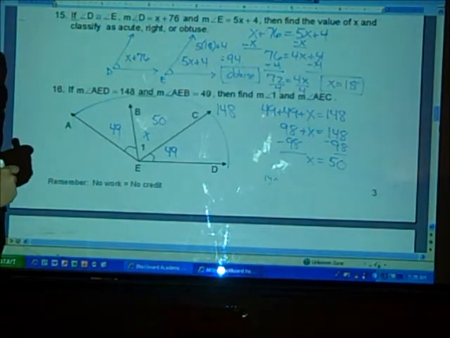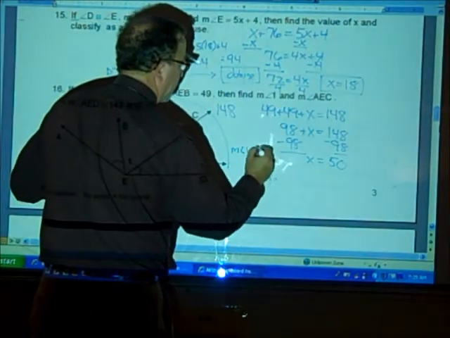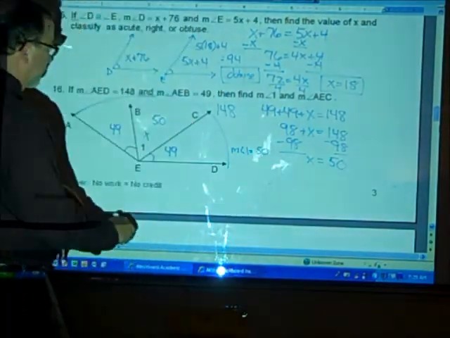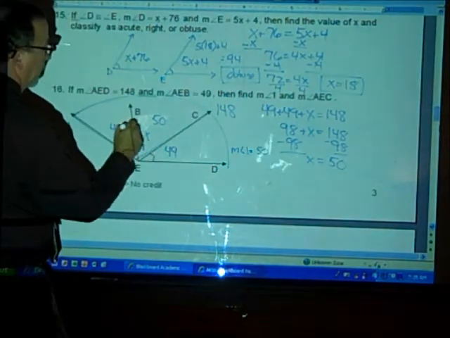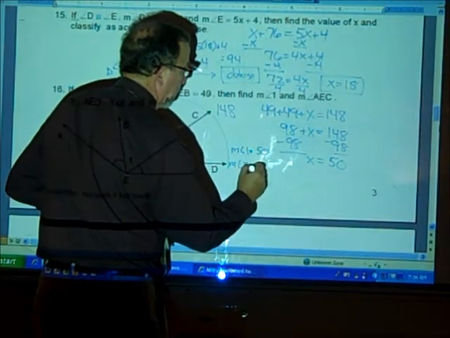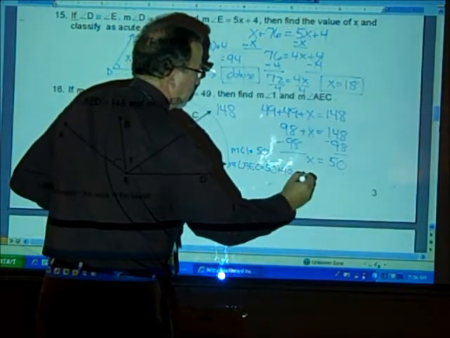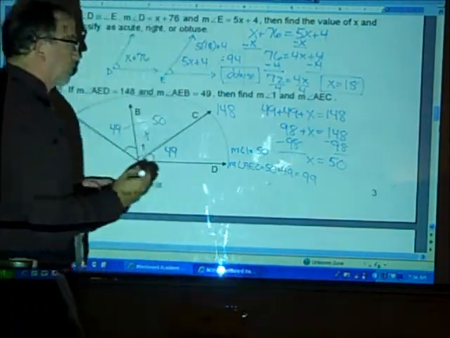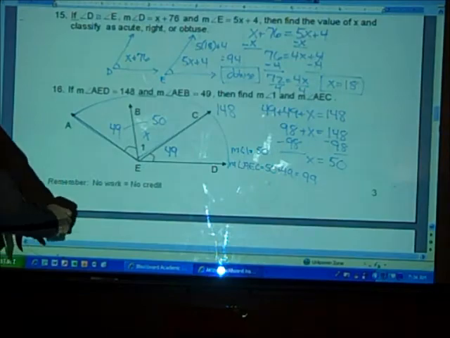And we want to find the measure of angle 1. So measure of angle 1 equals 50. And then we want to find the measure of angle ABC. We're going to add those two together. So measure of angle ABC equals 50 plus 49 equals 99. And that's number 16.